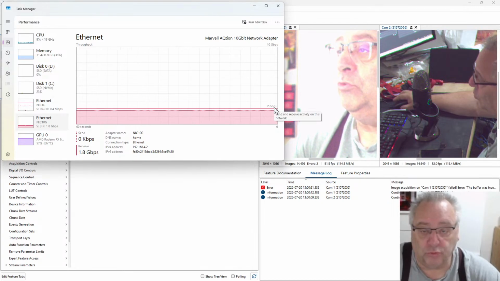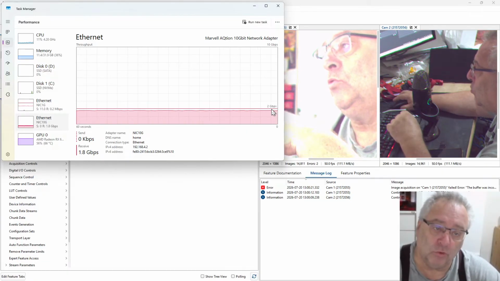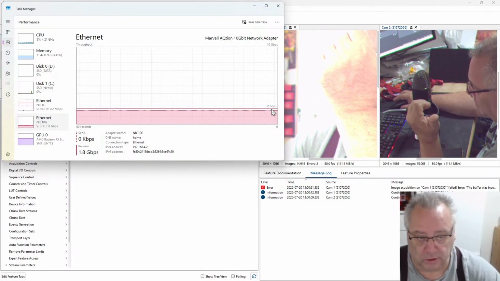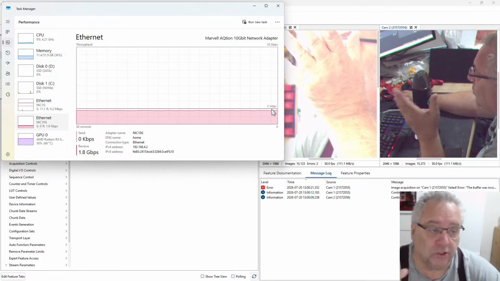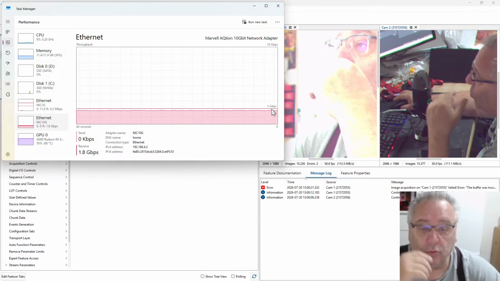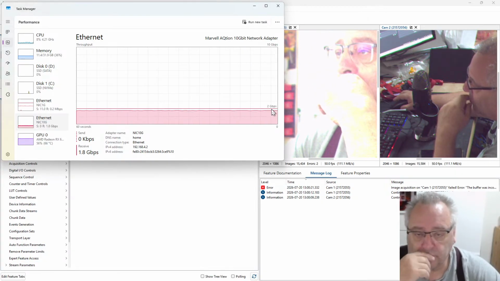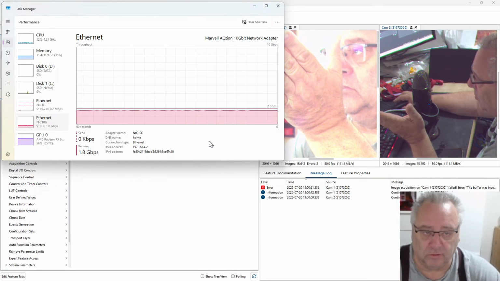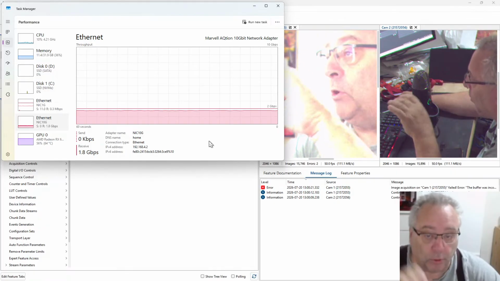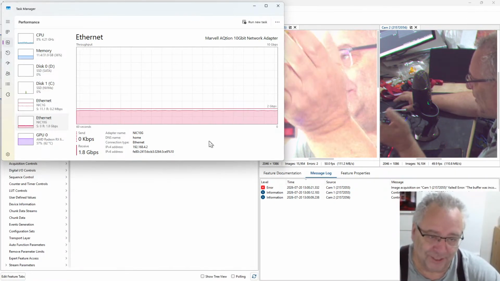It's close to the 2, but that's plenty. So why can it only do 2.5 at the moment? Because the switch is limited to 2.5 gigabits. So the NIC is a 10G NIC, but it's not magically helping the switch.